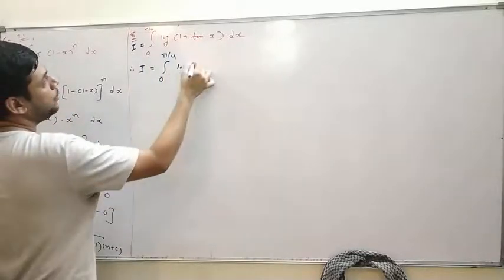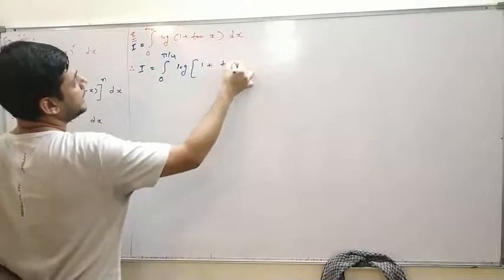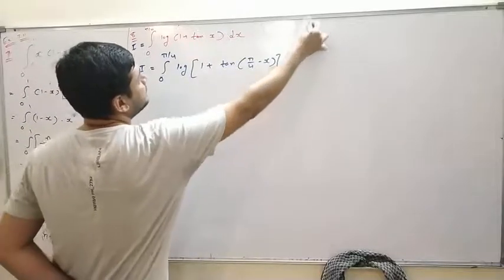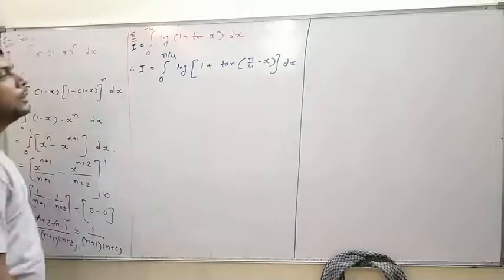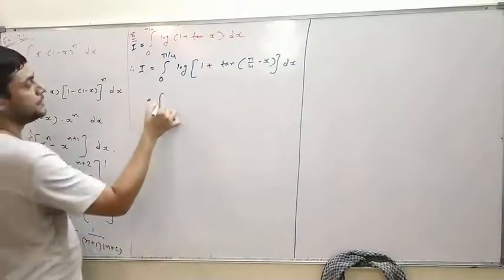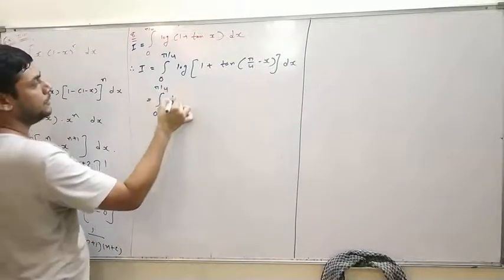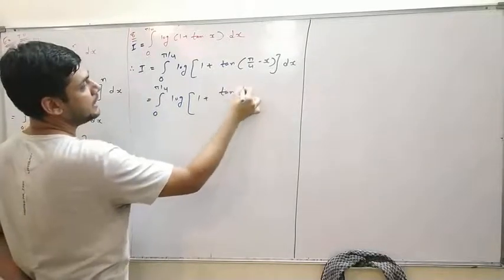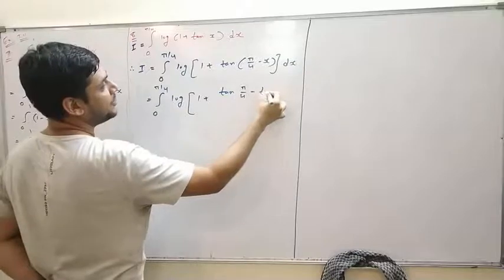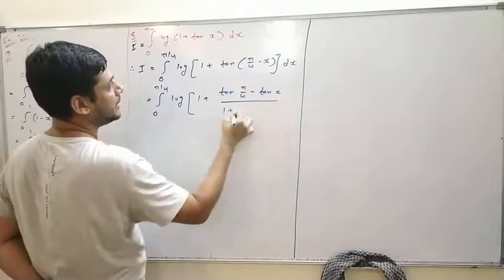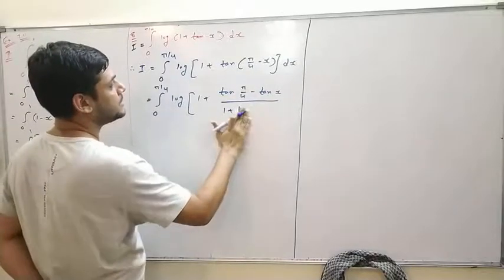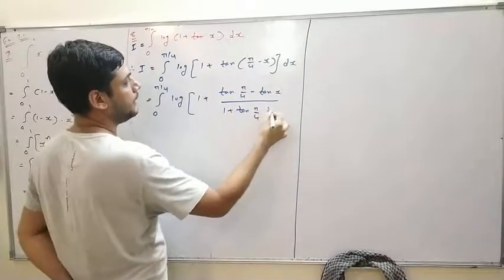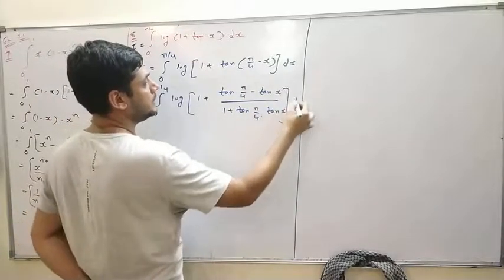At the place of x I can write pi by 4 minus x, so that is equal to integral 0 to pi by 4 of log of 1 plus tan of (pi by 4 minus x). Using the tan(a minus b) formula, that is 1 plus (tan pi by 4 minus tan x) upon (1 plus tan pi by 4 into tan x) dx.